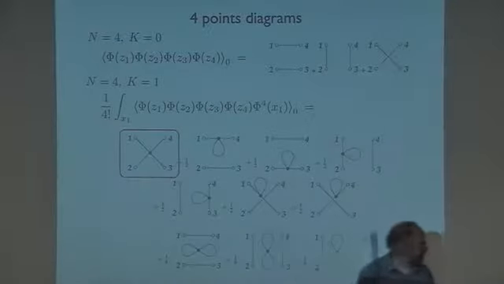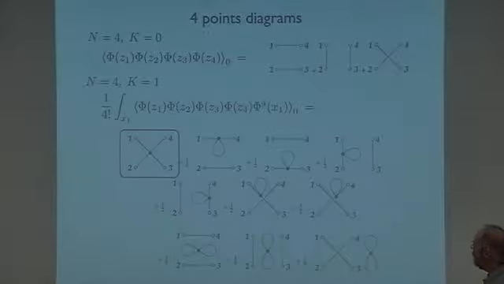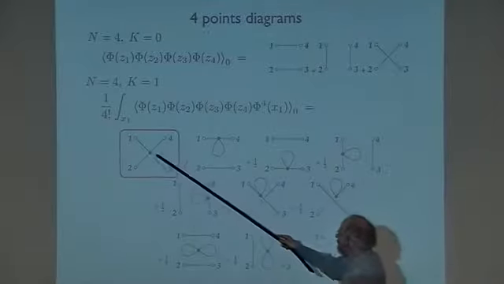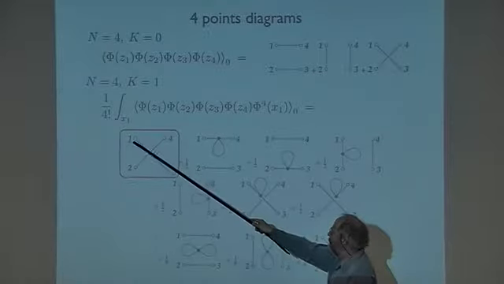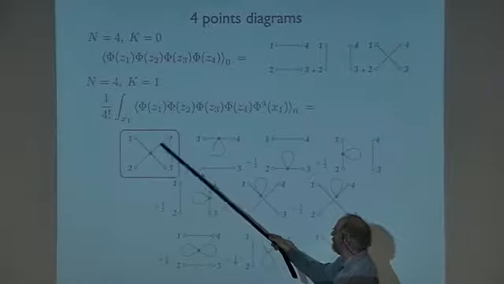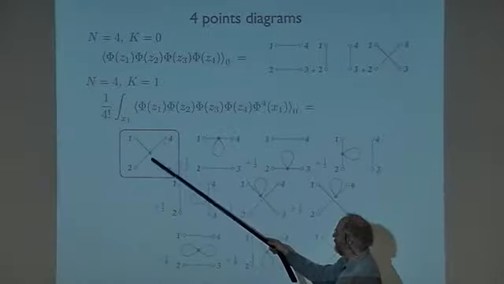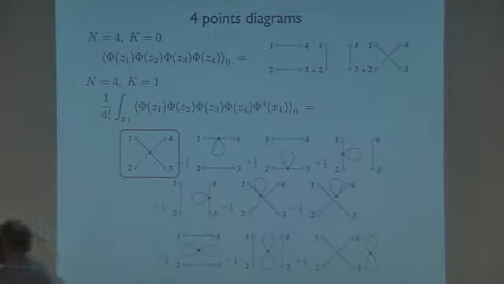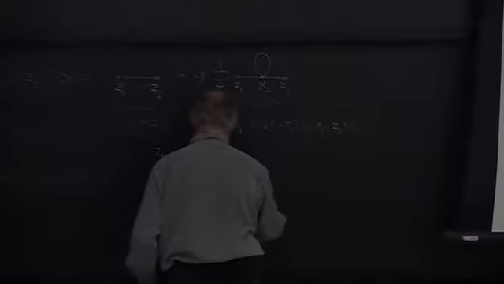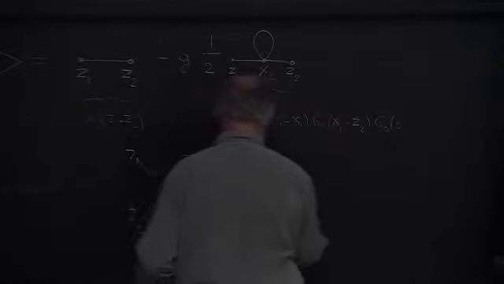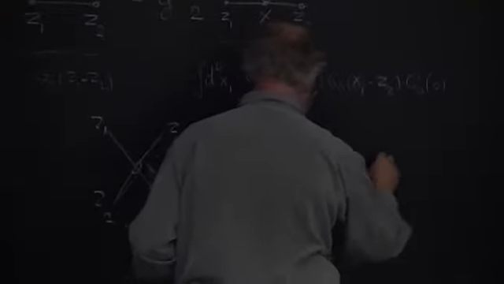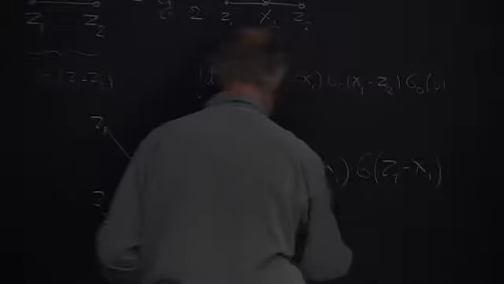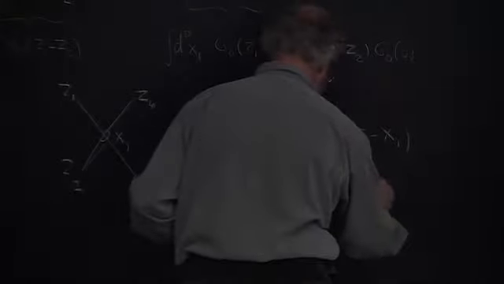See, it's something new. And this diagram, of course, the Feynman integral or the Feynman amplitude associated to this diagram is just the product of G of Z1 minus 6 times G of Z2 minus 6 times G of Z3 minus 6 times G of Z4 minus 6, integrated over X. This diagram means that if I have Z1, Z2, Z3, Z4, the corresponding amplitude is the integral over d dx1 of G of Z1 minus x1, G of Z2 minus x1, G of Z3 minus x1, G of Z4 minus x1.